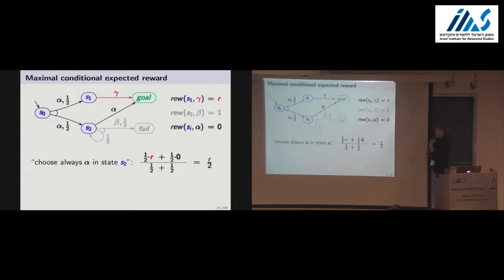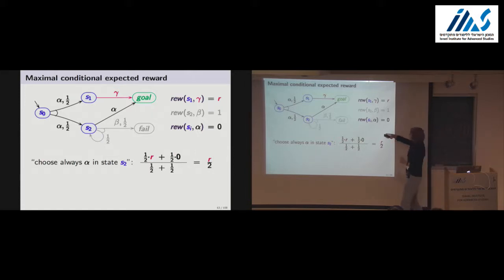Now let's look at what happens under the memoryless schedulers. So suppose first we take the memoryless scheduler which always takes action alpha in state S2. Then you can compute this maximal conditional expectation as this quotient here.